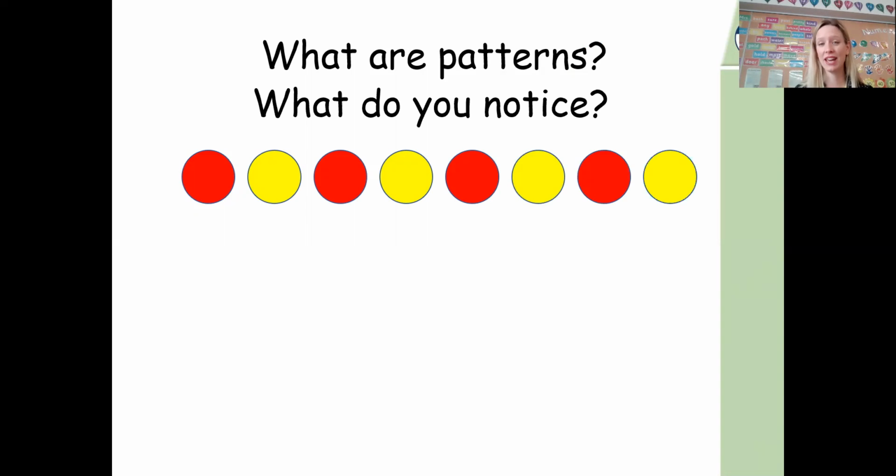Well, the pattern that we've got here is a repeated pattern. It's repeated because the colours go in one after the other. Red, yellow, back to red, back to yellow, red, yellow. And there's a sequence of those 2, we call it an A-B pattern because there's 2 colours in play here, one after the other.